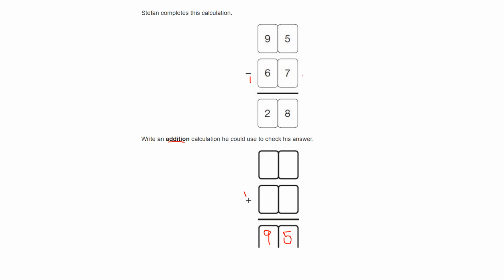So we are then left with 67 and 28. With an addition, would it matter whether I put the 67 on top or the 28 below? No, it wouldn't. So I know that 28 add 67 equals 95. So Stefan has done the inverse to check his calculation.